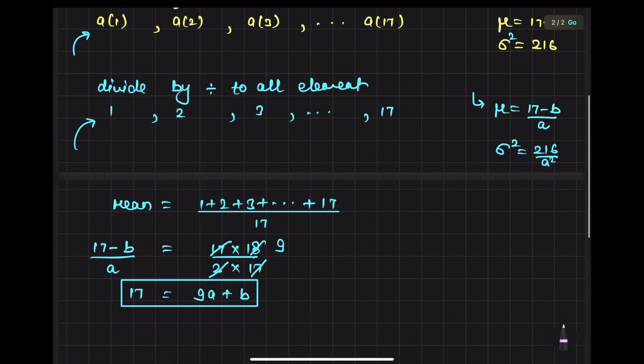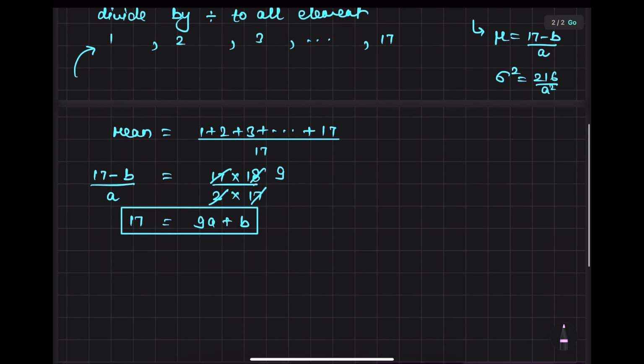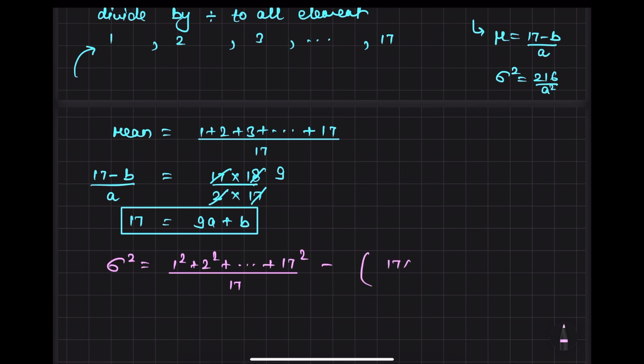Okay, now look at the other part. We need the variance. For the variance, how should we respond? Variance is the sum of squares of all the elements divided by the number of elements, minus the mean square. The mean is 17 into 18 by 2 into 17, all squared.